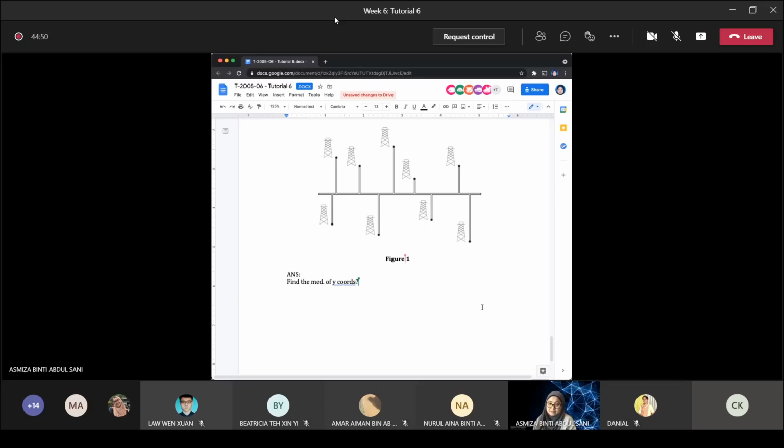You want to find the median of y coordinates, so y coordinates of what? For the furthest y coordinate and the nearest y coordinate. Is that it, class? How do you think we're going to solve this?